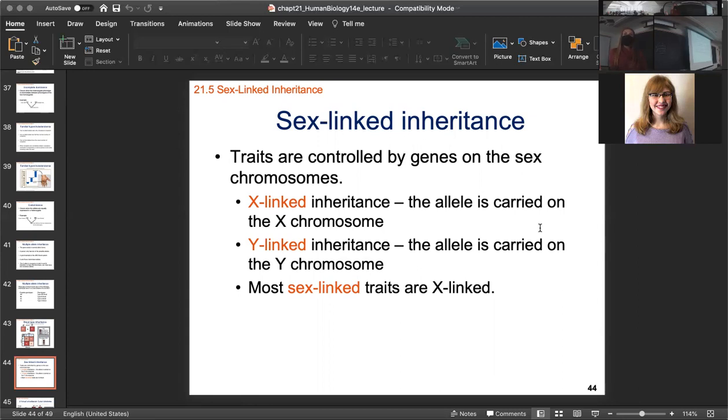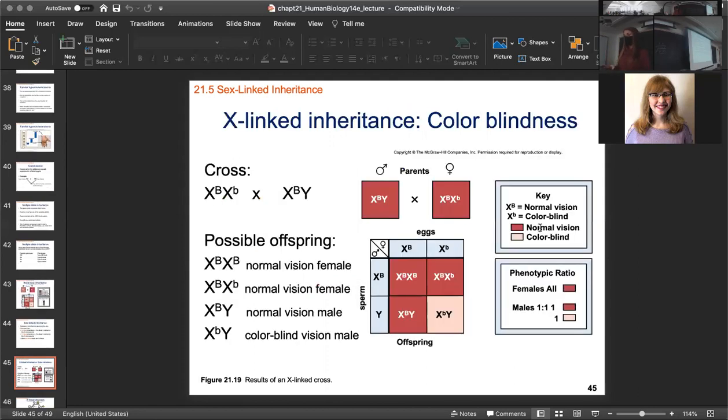It's also why color blindness is more common in males, and we'll talk about that here in a second. We have the options to have an X-linked trait and a Y-linked trait. We don't really use Y-linked traits in this class. So when you see the word sex-linked traits, just think X-linked traits.